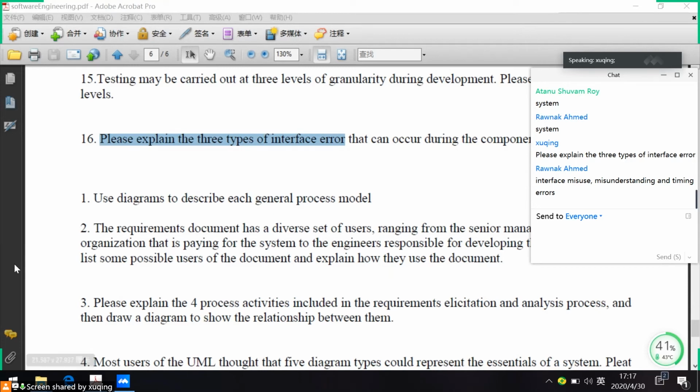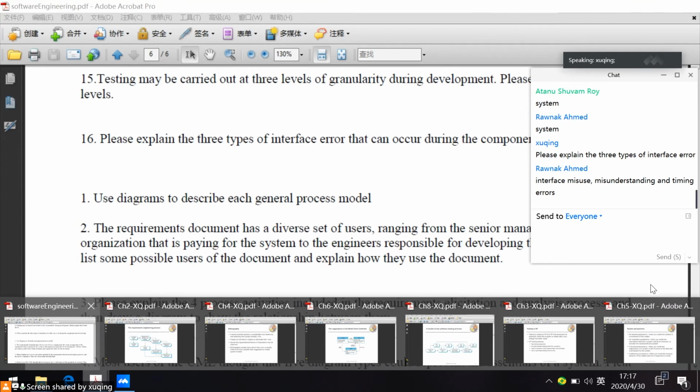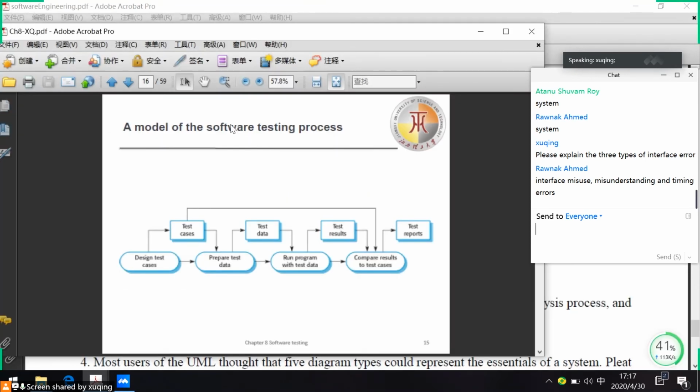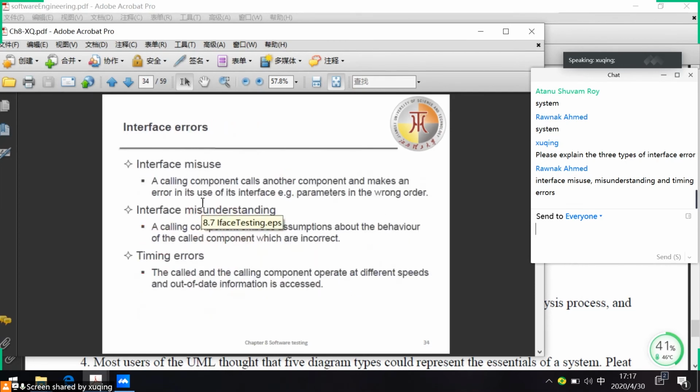You can find it in the PDF. Here, you see, we have some brief explanations. You can also explain each of them like this. You give the explanations like this. It is so easy now.